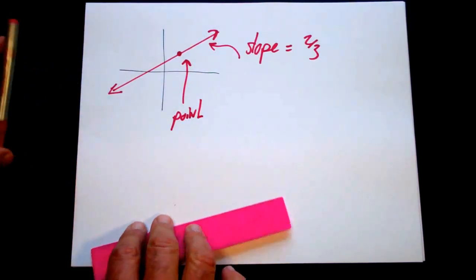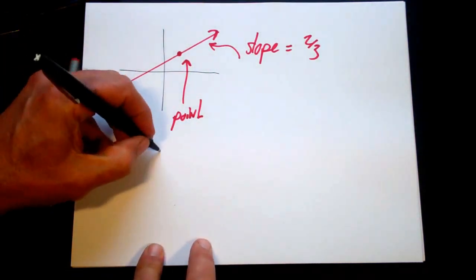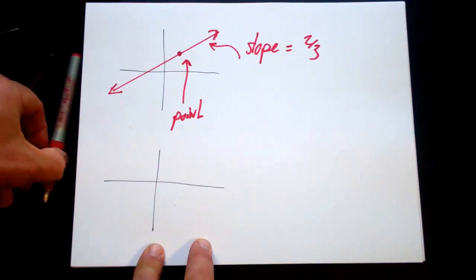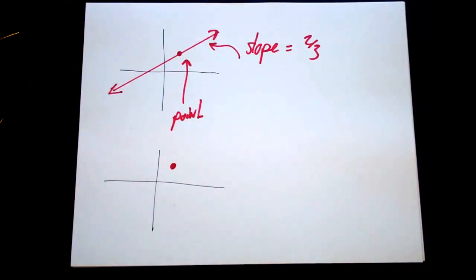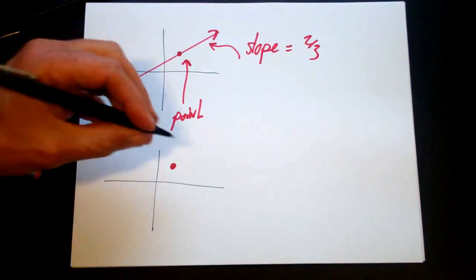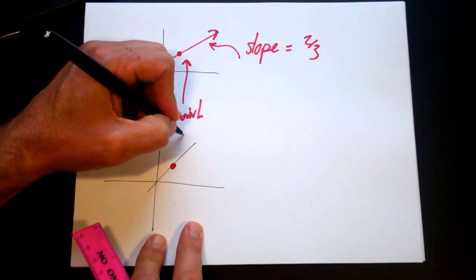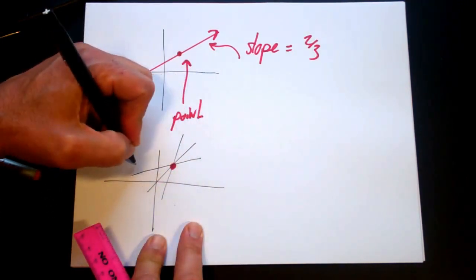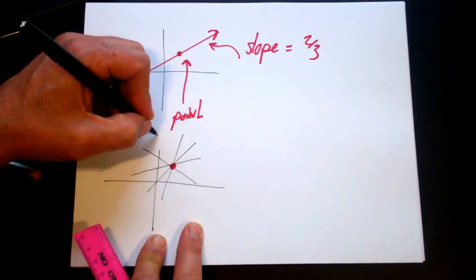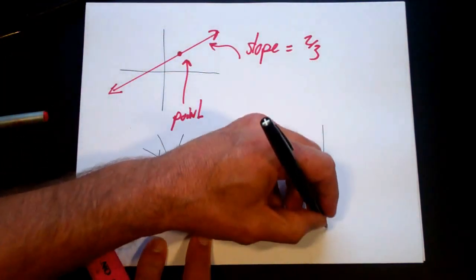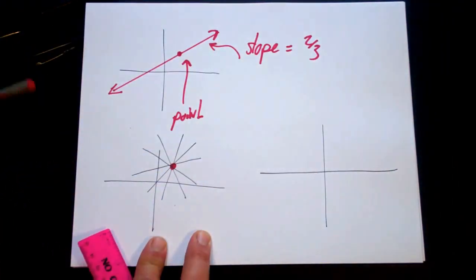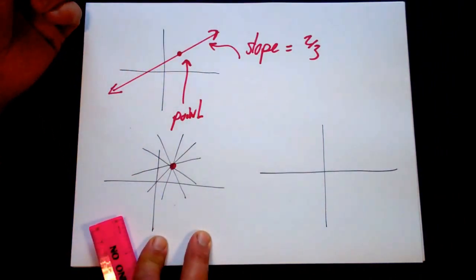Right? Let's think about that a little more carefully. Let's say you just had the point. How many lines would go through that point? An infinite number. There's one, and there's one, and there's one, right? Similarly, if you only had the slope, how many lines have a slope of 2/3?